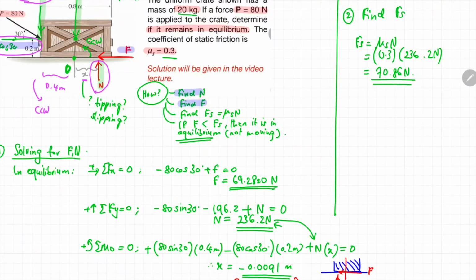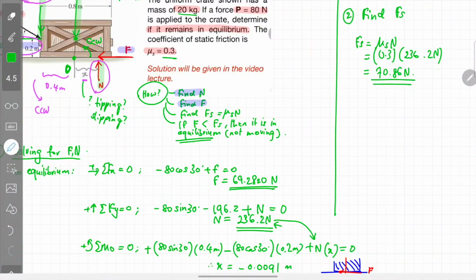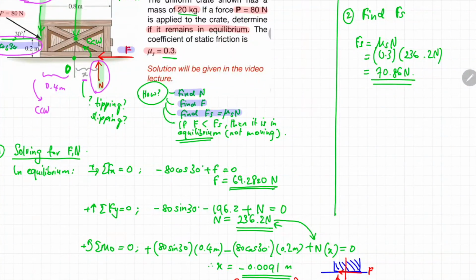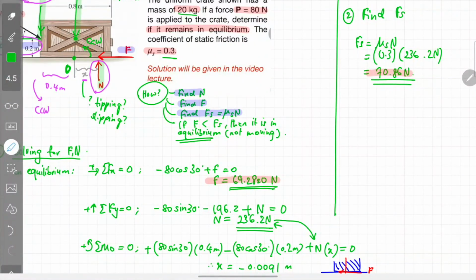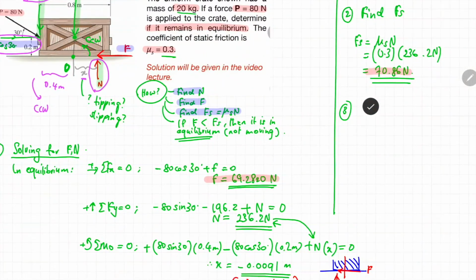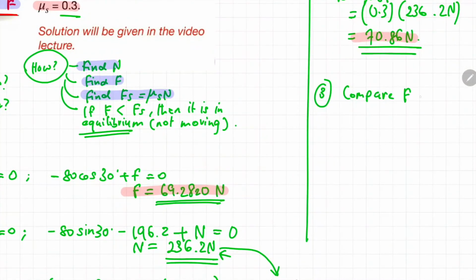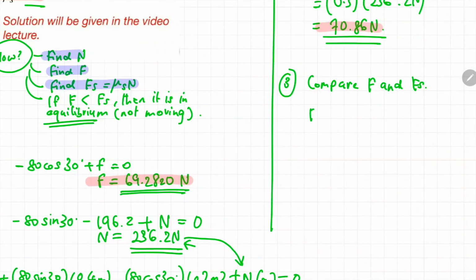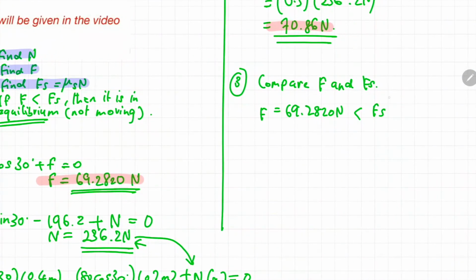So what does it mean? Look back at our solution strategy earlier. It says that if F, the friction force, is less than Fs, the friction limit, then we can say that this object is in equilibrium or it will not move. Now we compare the friction force that we got with the friction limit. Our F is 69.2820 Newton, whereas the Fs that we got is 70.86 Newton, so our F is less than Fs.